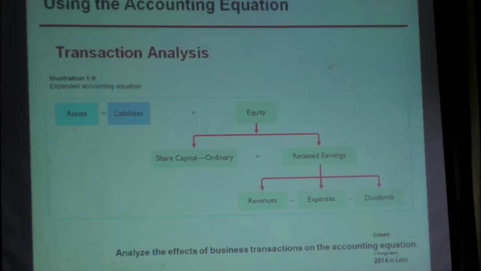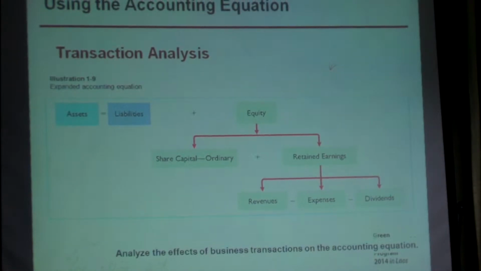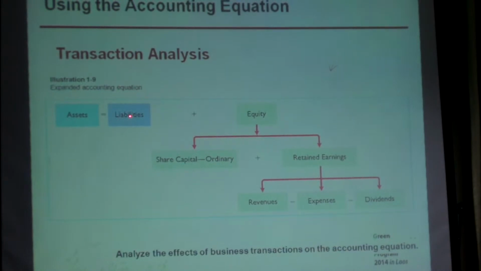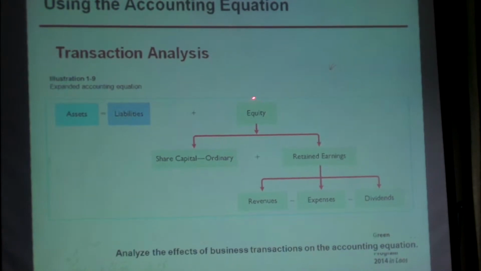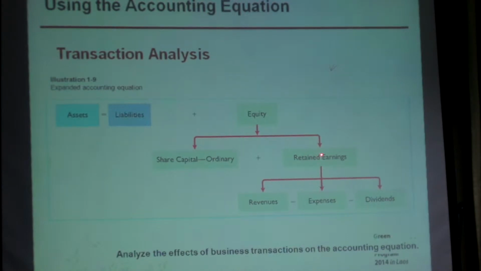Okay. So, asset equals liability and equity, right? Over here, asset equals liability and equity. Equity is share capital and retained earnings, right?